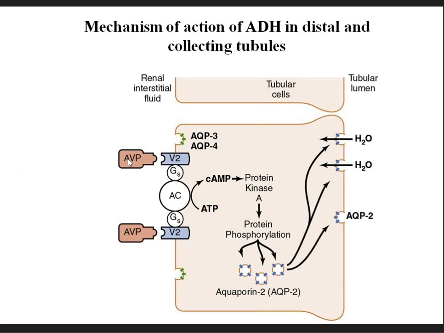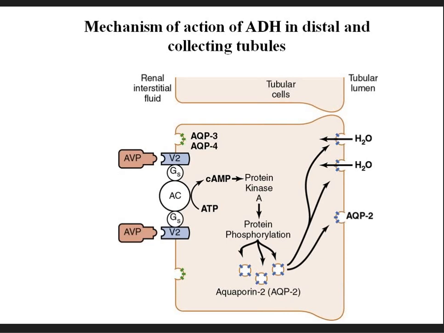Whenever ADH or arginine vasopressin binds to these G protein receptors, they get stimulated, and ATP gets converted to cyclic AMP. This mechanism you have already studied in the mechanism of hormone action; many hormones act by this mechanism. You must have studied it in detail in biochemistry also.